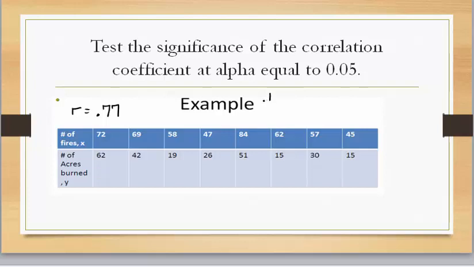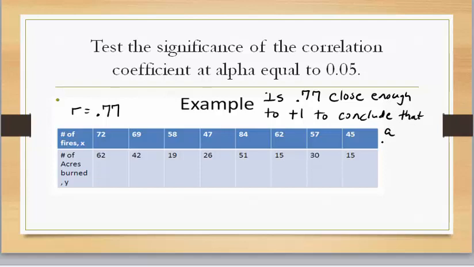And I'm just going to jot this down so that you know where we're going. So we want to know, is 0.77 close enough to +1 to conclude that a positive linear relationship exists between the variables?